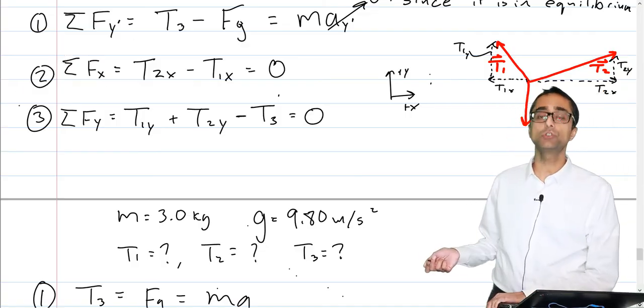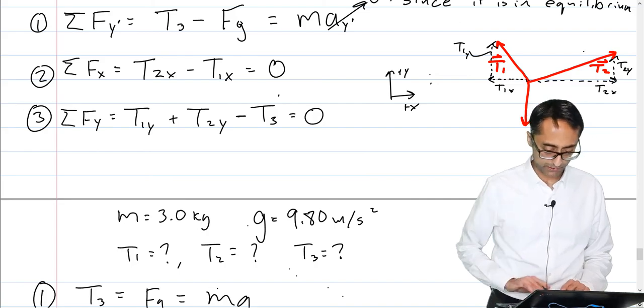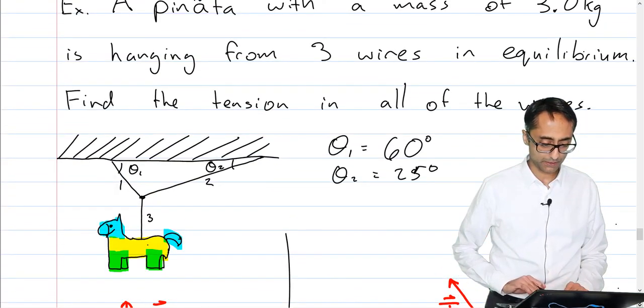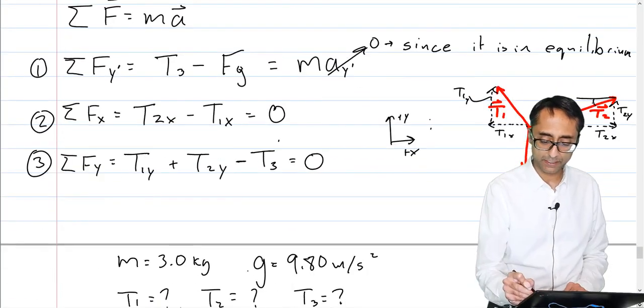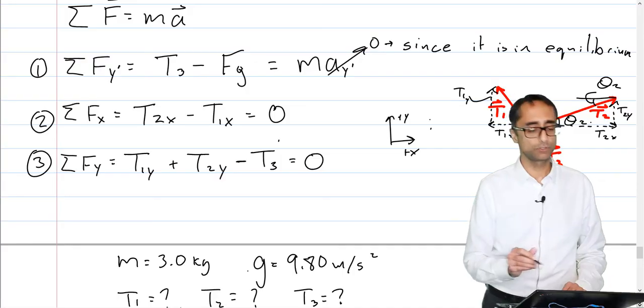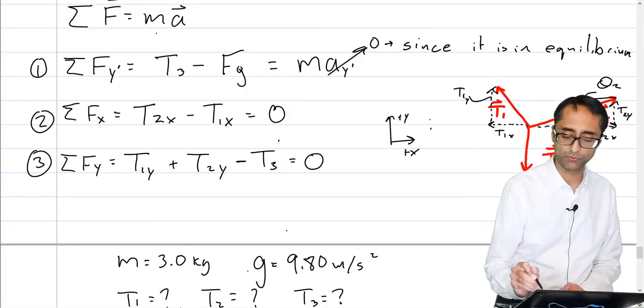Well, what is T2x? If I recall, looking at my original picture here, I'm given these angles. That is, this angle here is theta 2. And that also means that this angle here is also theta 2. You can do that with what's called the Z rule or the Zorro rule.